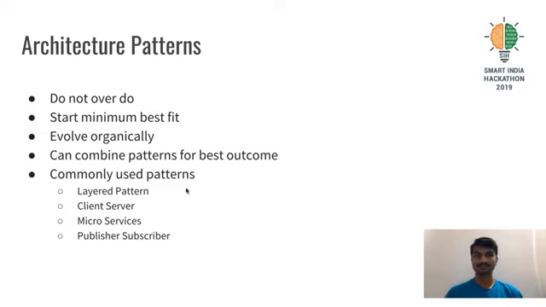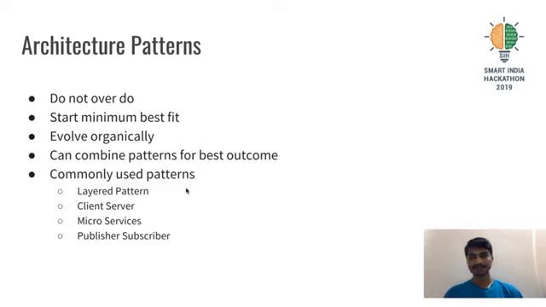So it's like step-by-step stacks which are arranged. Another well-known pattern is client-server. There will be a client and a server. The client asks for information as requests, and the server responds to the client. It's one of the classic patterns which has been used for a long time.